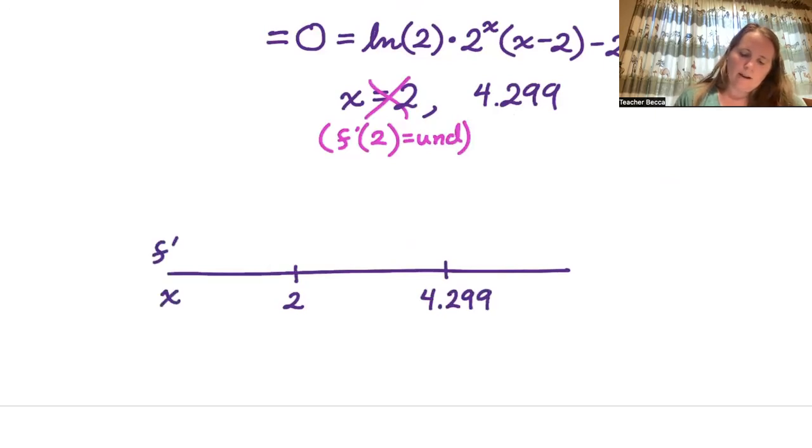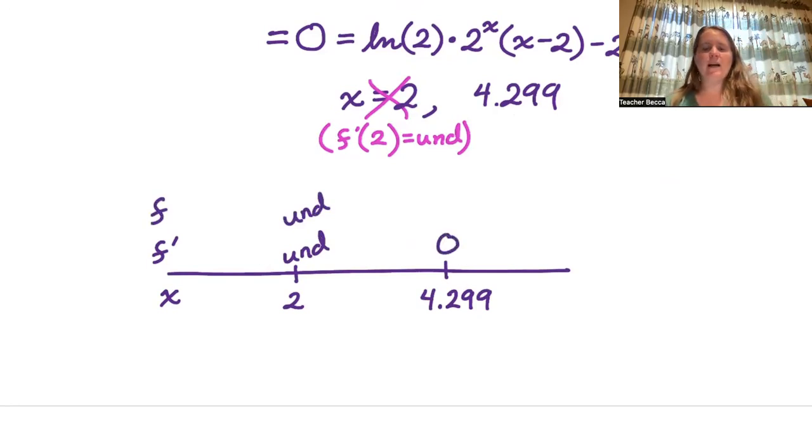We know that f prime is undefined at 2. We also know that f is undefined at 2. F prime is 0 at about 4.299. Then we need to figure out the signs in between.